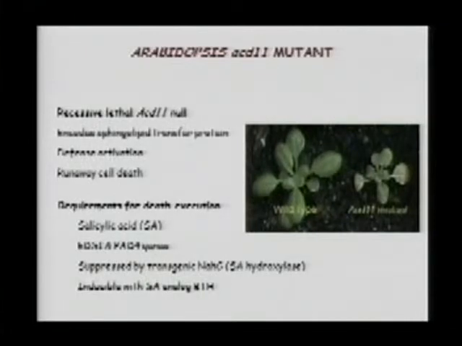It requires, for example, EDS1. It requires salicylic acid, just as we saw for the HR. We can suppress death in it completely if we remove salicylic acid using a transgene, but we can kill it again, even if we've removed SA, by applying an analog of SA called BTH.